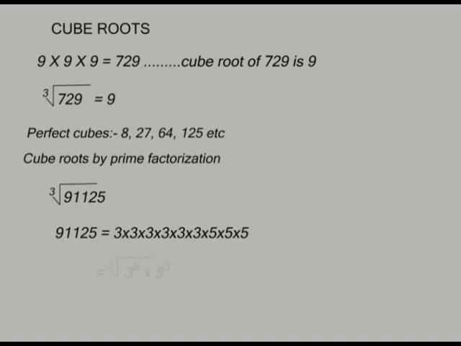This simplifies to 3 raised to power 6 times 5 raised to power 3. And then we find their cube roots. We will see in the next chapter that to find the cube root of an indexed number, we simply divide the power by 3. And so the cube root of 3 raised to power 6 times 5 raised to power 3 is 3 raised to power 2 times 5 raised to power 1, and that will give us 45.